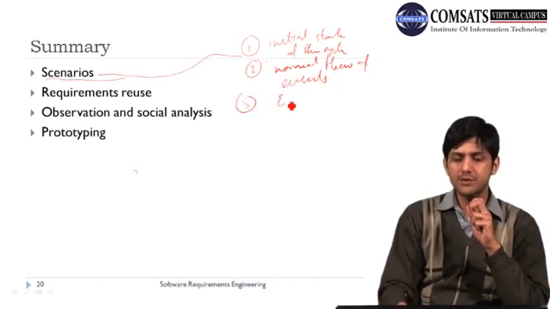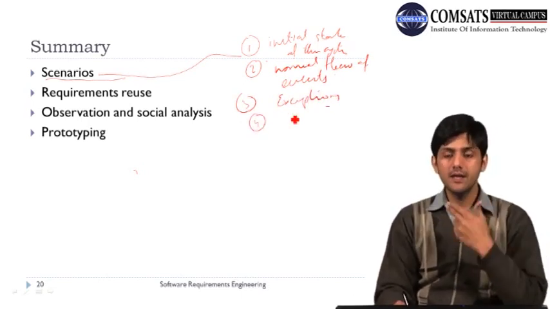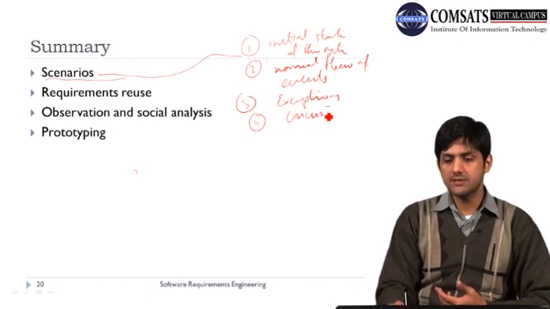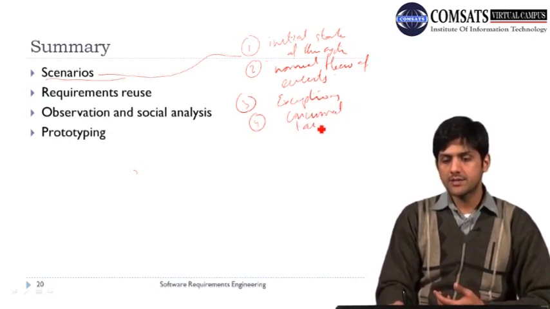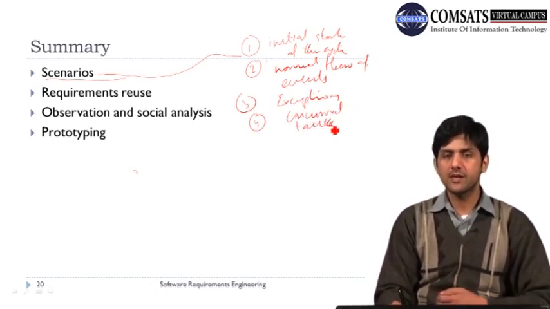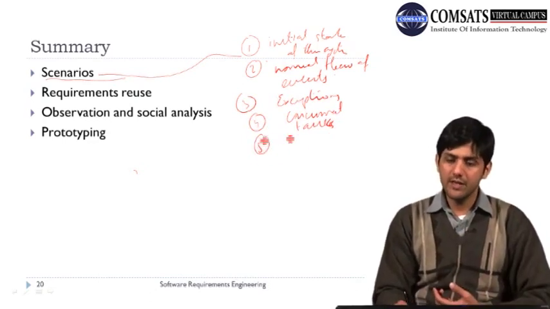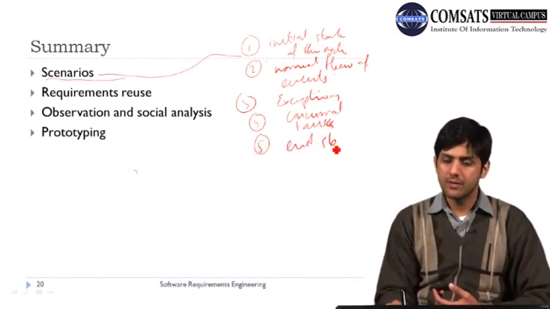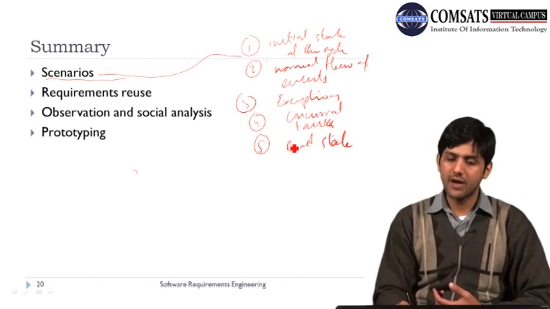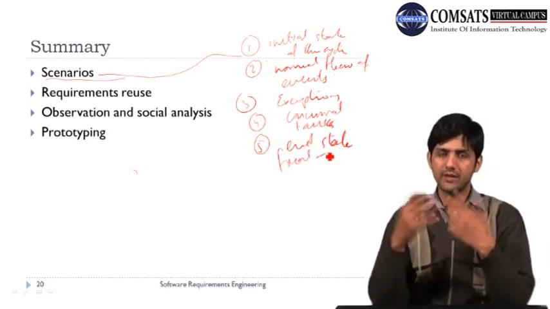It would have some exceptions that might occur during the scenario, and if there are any concurrent activities or tasks in a scenario, then it should also have the representation of those. And then finally it would have the end state, or you can call it the final state of the system when the scenario ends.